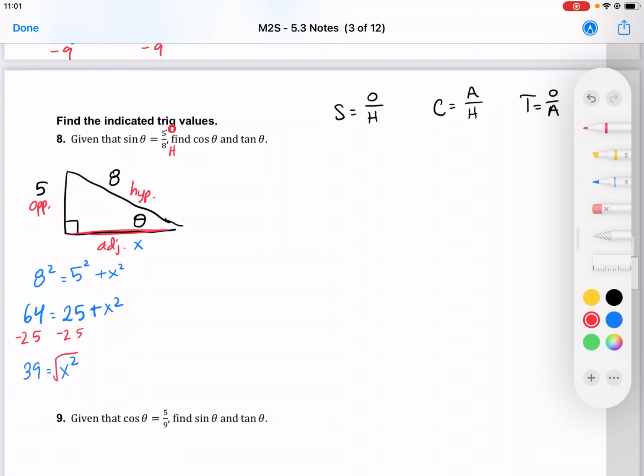And then you take the square root of both sides. So x equals the square root of 39. So these are the numbers we're really paying attention to right here.